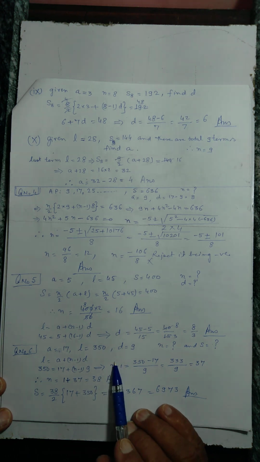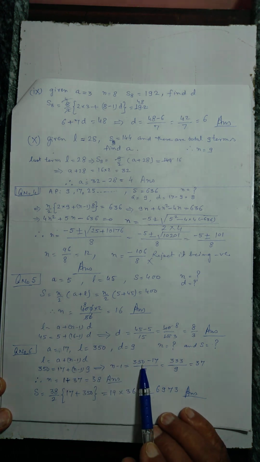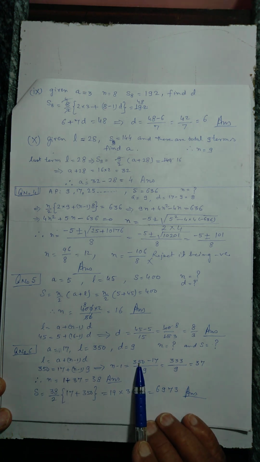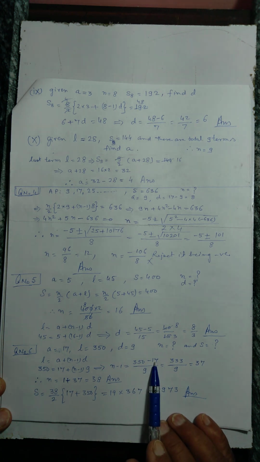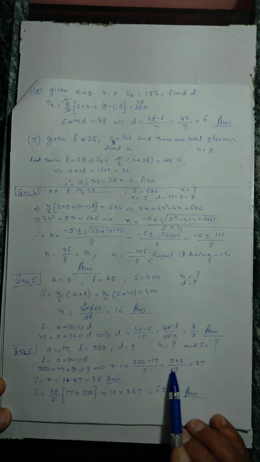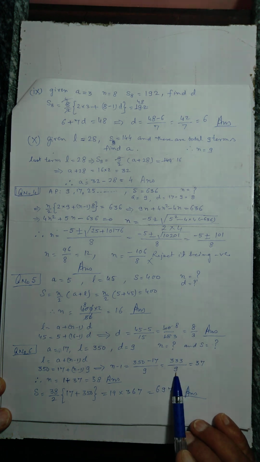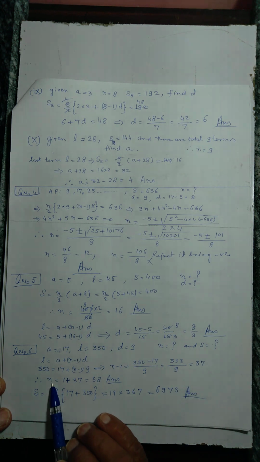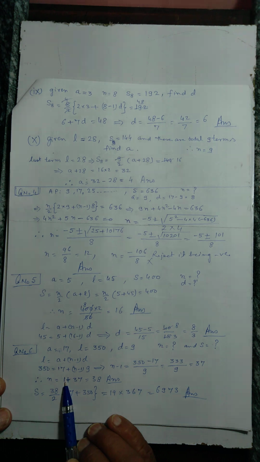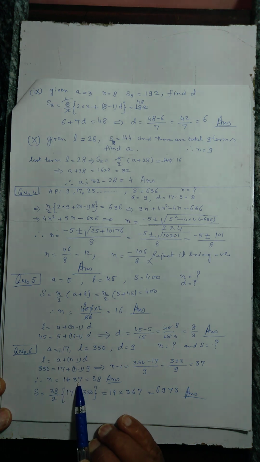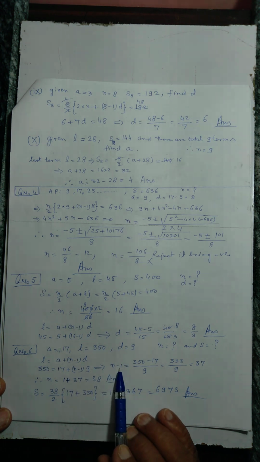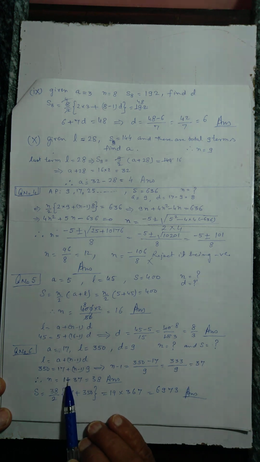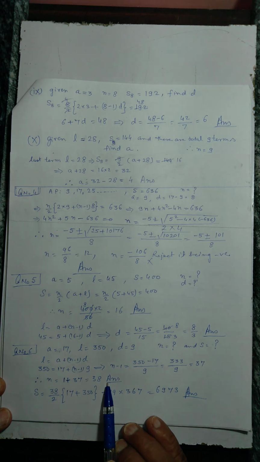So n minus 1 will be equal to 350 transpose, 350 minus 17 whole divided by 9. It will be equal to 333 divided by 9 and it will be equal to 37. So the value of n will be equal to 1 plus 37, because it was n minus 1 is equal to 37. So n will be equal to 1 plus 37, that will be equal to 38.